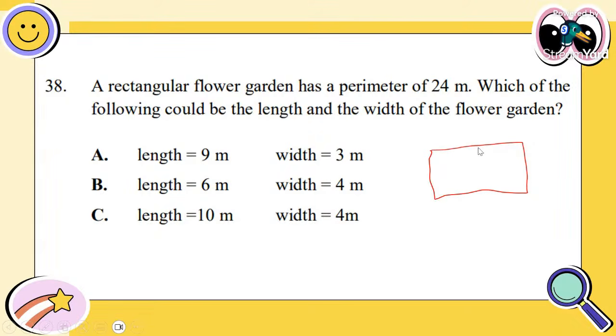It means that this length must be equal to this length, and this length must also be equal to this length. All right, so let's think about this one to be the length and this one to be the width for the purpose of our question.